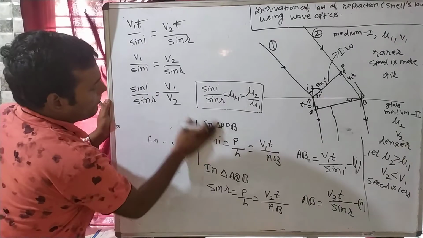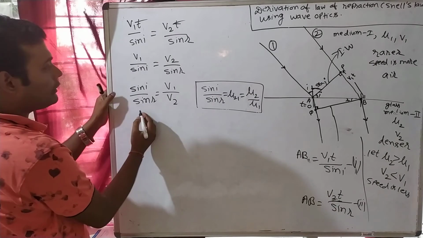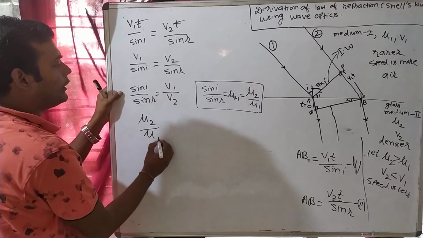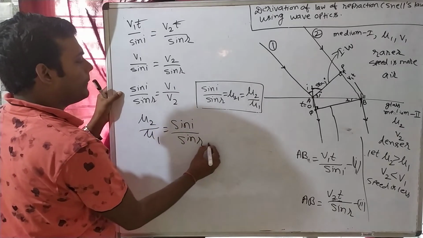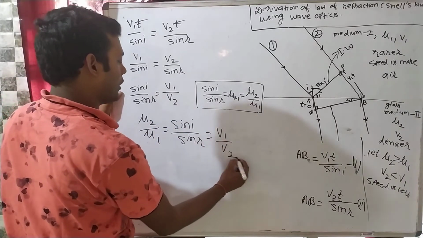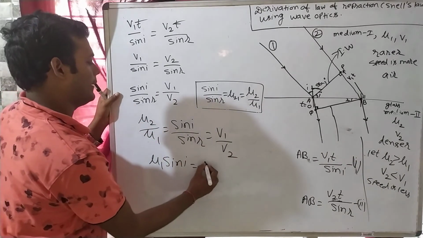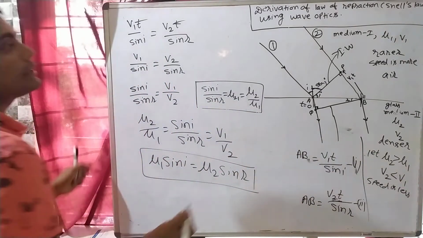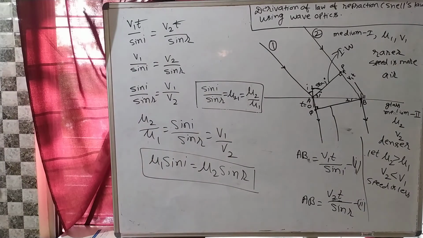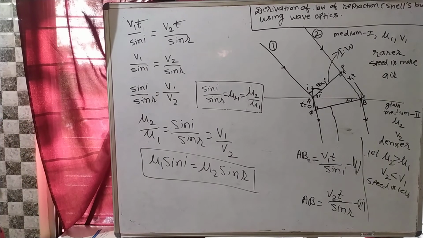So mu2 by mu1 is equal to sin I by sin R is equal to V1 by V2. So see here, mu1 sin I is equal to mu2 sin R. So this is Snell's law, and we have derived this. This is an easy derivation, where you can derive that mu1 sin I is equal to mu2 sin R.